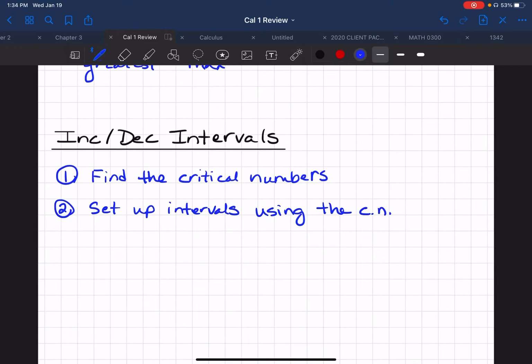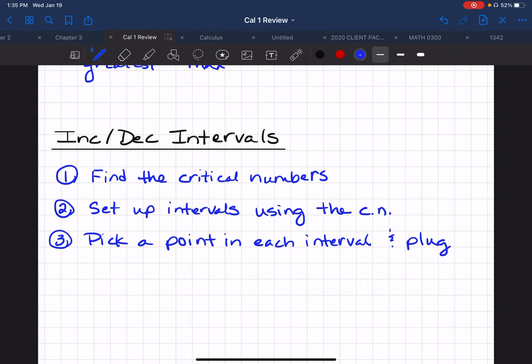And then you're going to pick a point in each of those intervals that surround the critical numbers to see whether the slope is increasing, decreasing, or constant. So pick a point in each interval and plug it into the derivative, which is going to tell you if your slope is positive or negative.